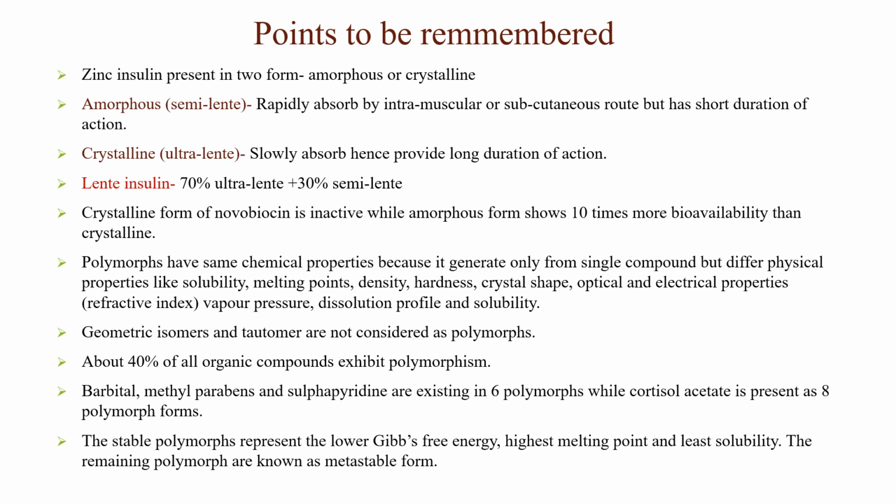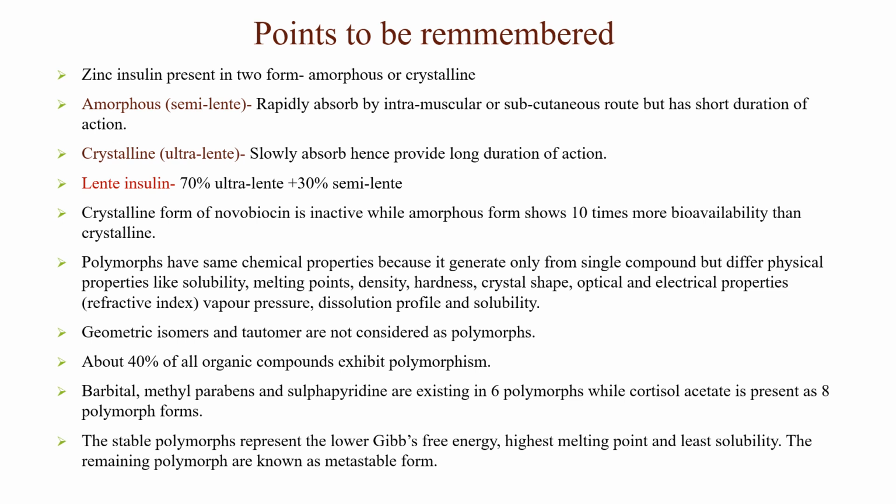Next example: the crystalline form of novobiocin is inactive, while the amorphous form shows 10 times more bioavailability than the crystalline form. Here we can see that the amorphous form has the highest solubility, so it also shows the highest bioavailability.